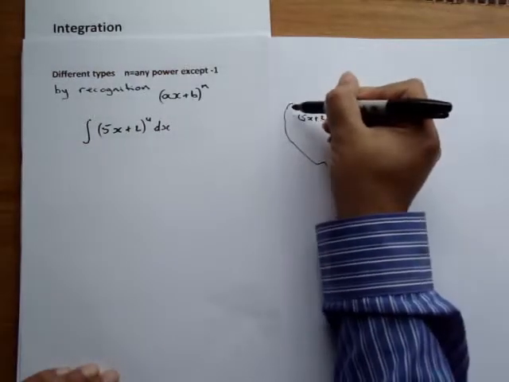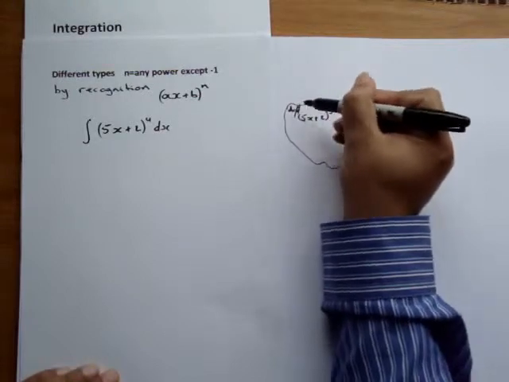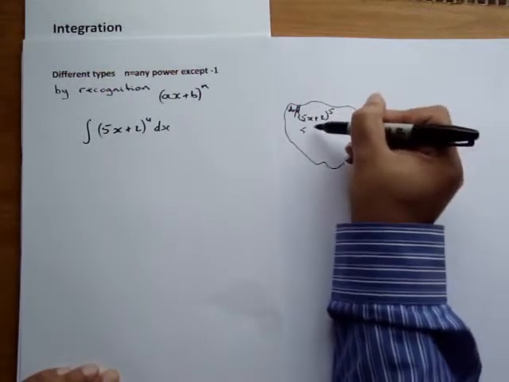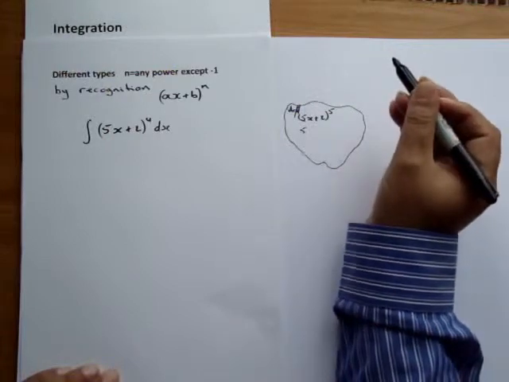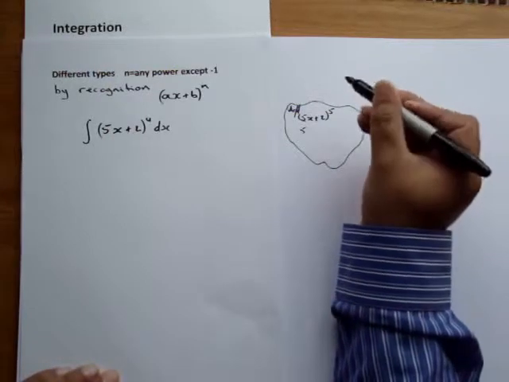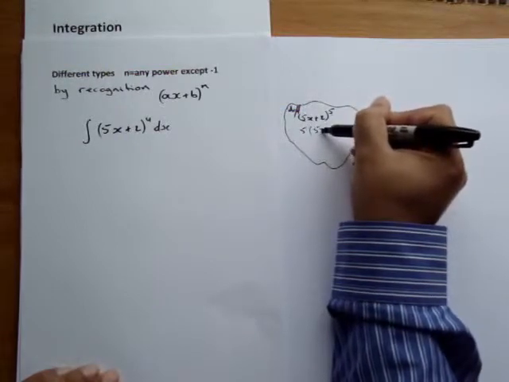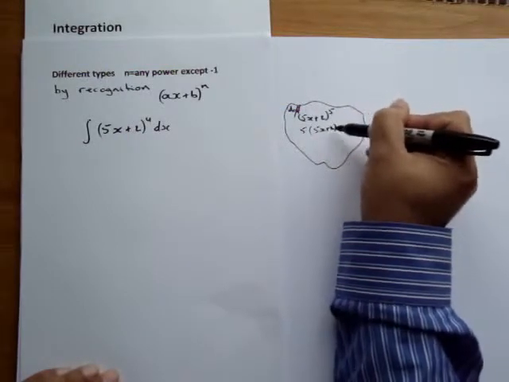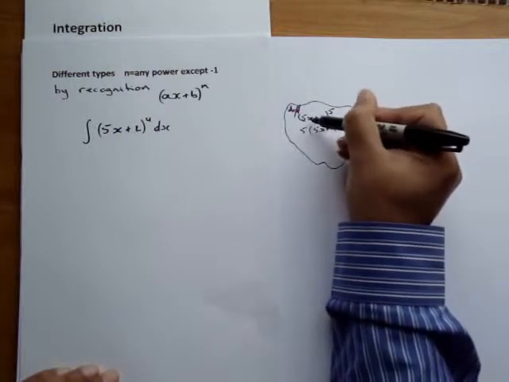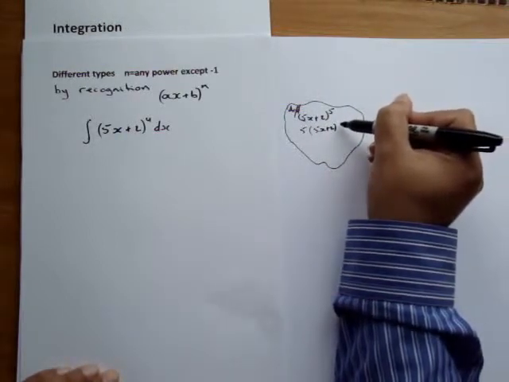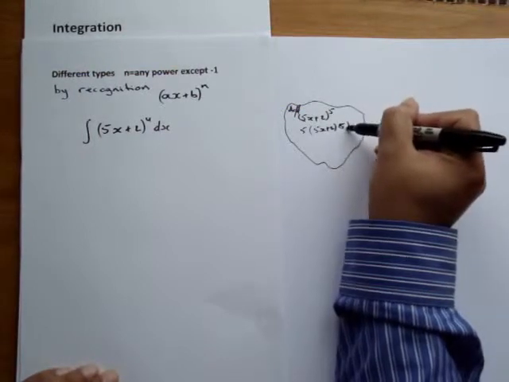Now when we differentiate, we bring the power down, and we multiply by the a that's in the bracket, so that would be the 5. So that would be 5 there.